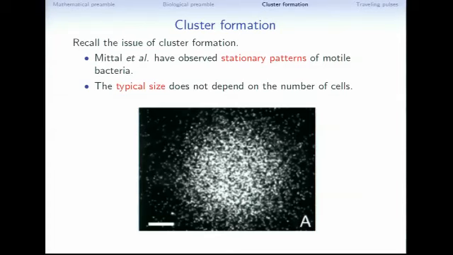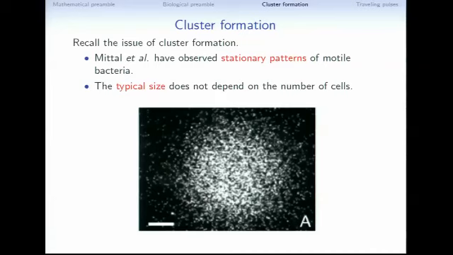So back to cluster formation. What is important is cluster formation. First, you observe stationary patterns of motile bacteria. And second, a key observation of this paper is that the typical size of the cluster very slightly depends on the number of cells. It essentially does not depend on the number of cells.